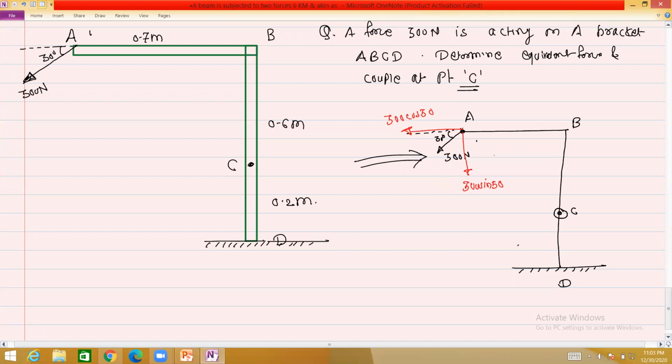Okay. So in this system, there is only one force, that is 300 Newton. So we can find the summation Fx, which is equal to minus 300 cos 30, and summation Fy, which is equal to minus 300 sin 30.